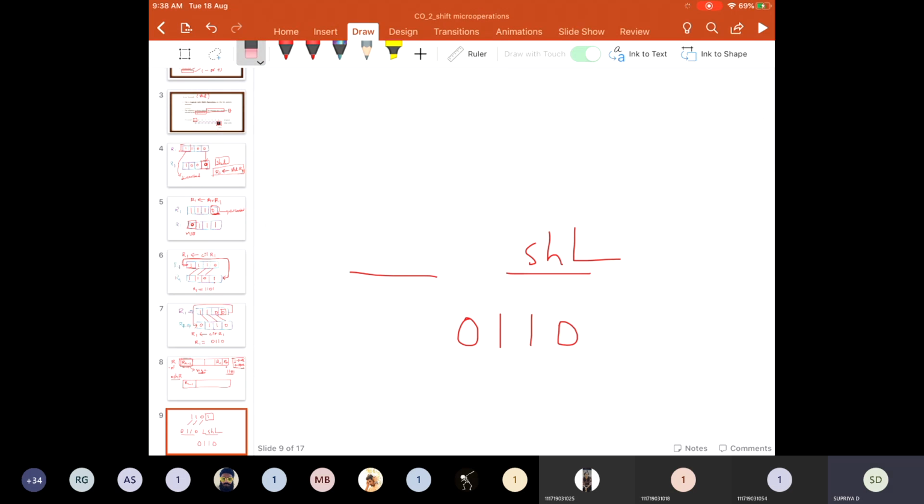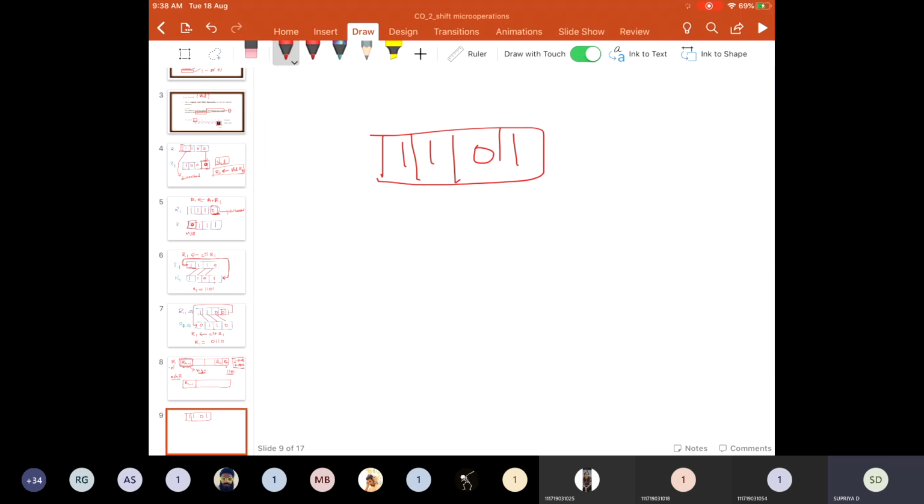I repeat, the given number is 1101. If I want to move left, that means I'll be moving one bit left, 101, and a 0 will be inserted here.